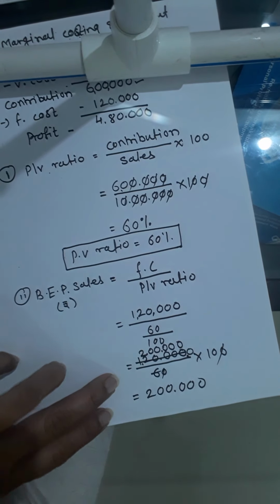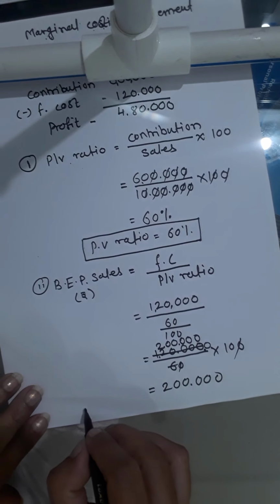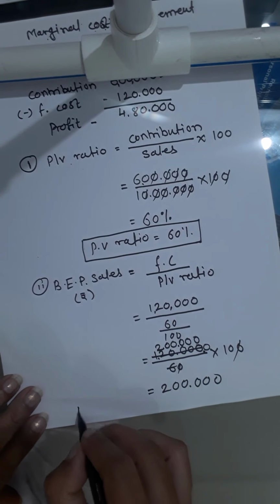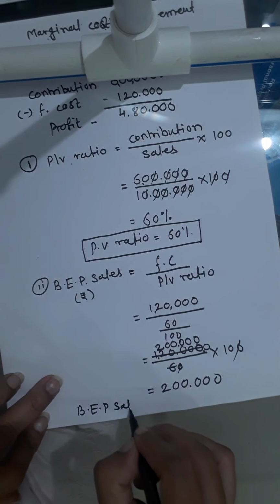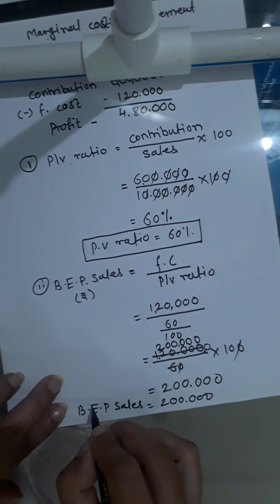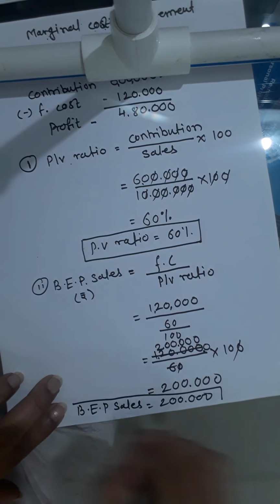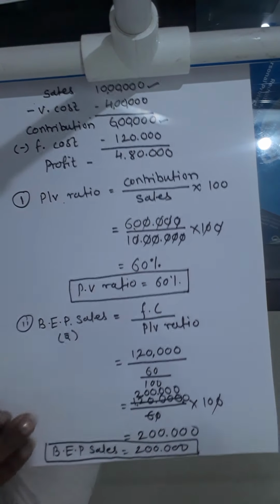And the answer will come as rupees 2 lakh. Our BEP sales we have found out. BEP sales is equal to 2 lakh. We'll highlight this. We'll put a bracket for our second answer.